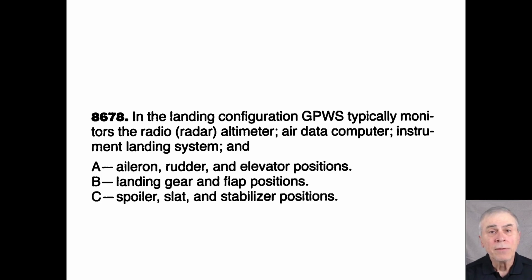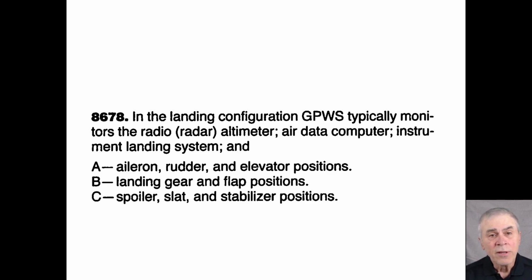All right, if you know that they're talking about ground proximity, what would a system like that be mostly concerned with? If it's showing it, you're getting too close to the ground. Probably the strongest one would be B, because warning, we're getting close to the ground.